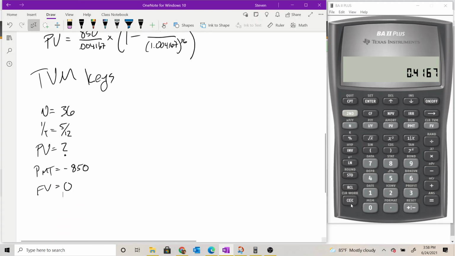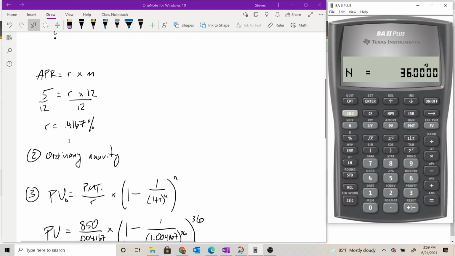All right, let's plug these guys in. I'm going to start by hitting second clear TVM to zero everything out on those keys, and I'm just going to work left to right. N is 36, so type in 36 and press N to store it. I over Y is that 5 divided by 12, and rather than typing in 0.4167, I am instead going to have the calculator do 5 divided by 12 and press equals to have it do that division.